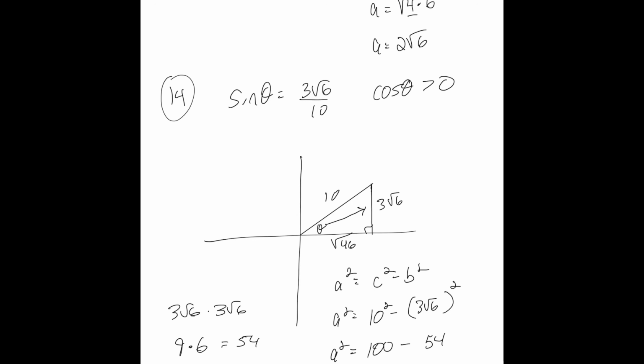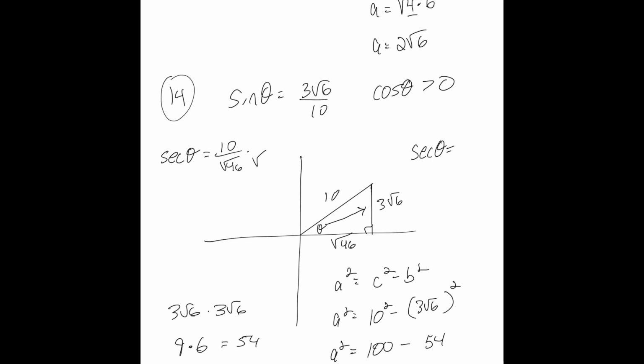And it wants secant, which is cosine flipped. So that is hypotenuse. Let me come over here. Secant theta is hypotenuse over adjacent, and don't leave the root on bottom.